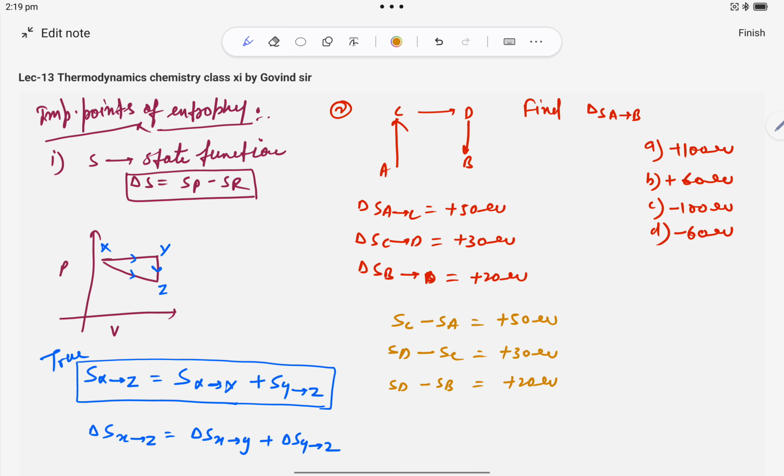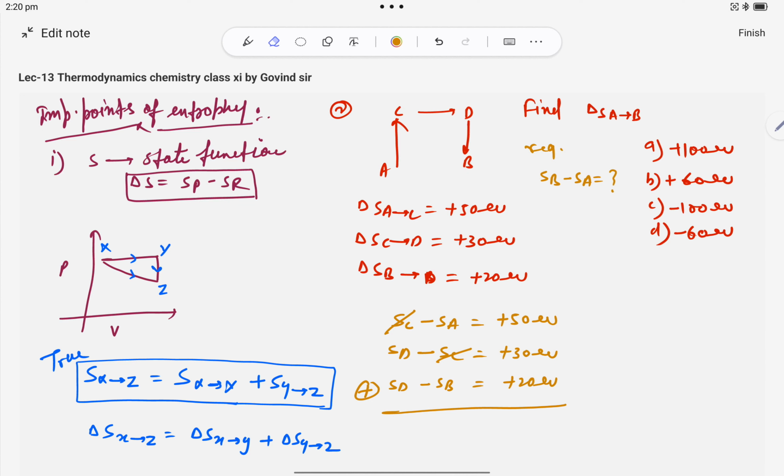And what is required? Required is A to B. So S, B to A, that is required. So how can you do? You have to add all these. If you add, then SC cancels, and reverse this third equation.